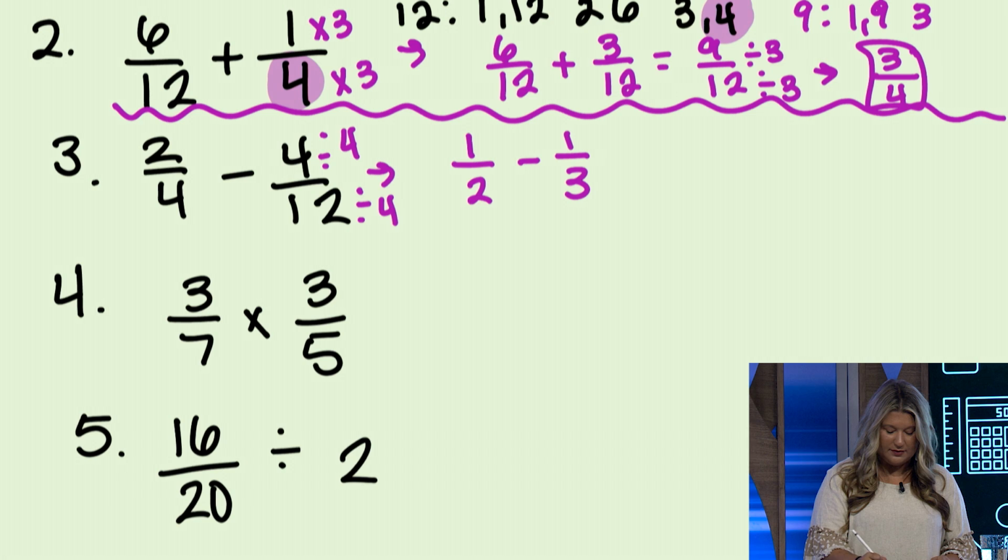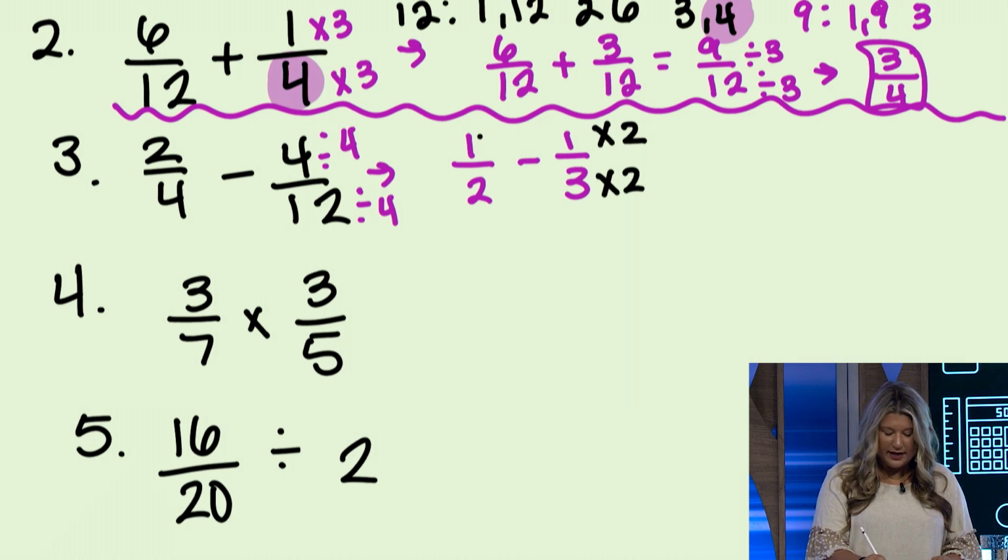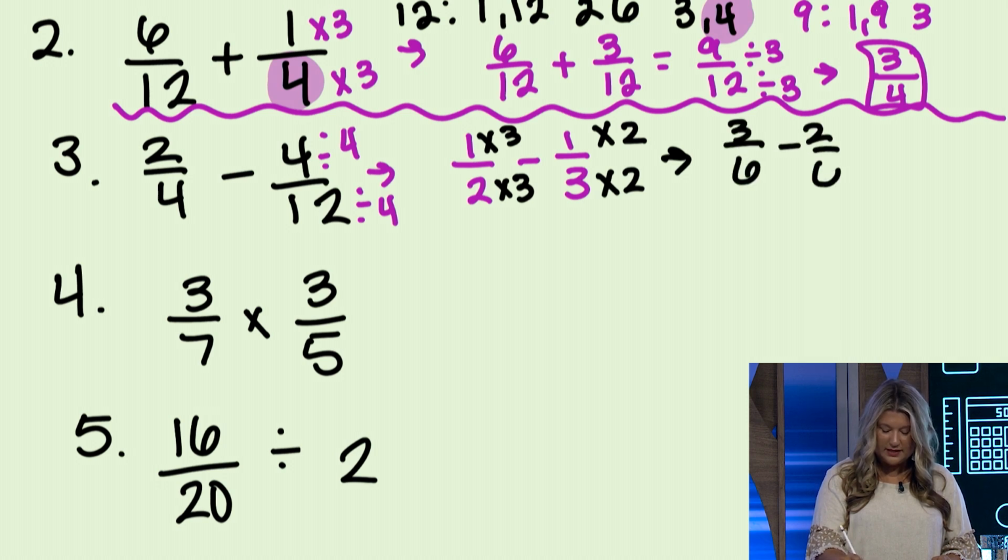So what we do here is multiply the numerator and denominator of our second fraction by 2, and multiply our first fraction by 3. We get 3 over 6 minus 2 over 6. When we subtract that, we get 1/6 as our answer.